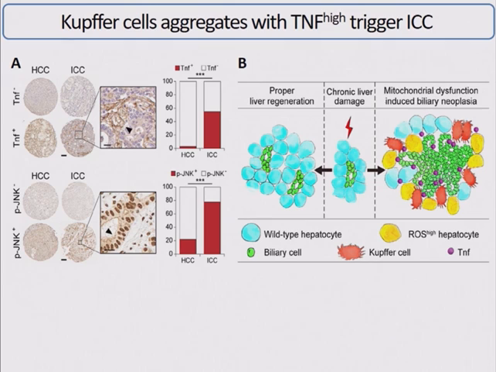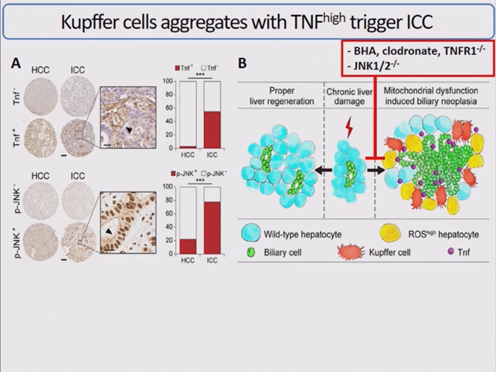So again, we looked at approximately 200 patients for each primary liver cancer subtype and looked at TNF levels and phospho-JNK levels, and it was really striking to see again that, similar to what we've seen with ROS, I'm not saying that it's completely absent, I'm just saying that the incidence of highly positive primary liver cancers that are HCC is very low when compared to CCC, when we looked at approximately 200 patients.